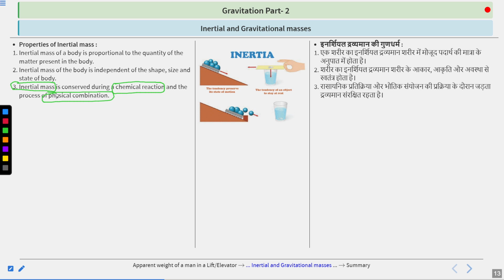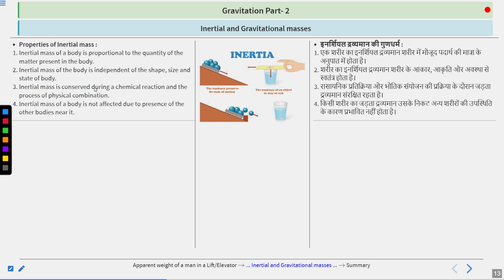Whatever the initial mass substance A has, and whatever the initial mass substance B has, this inertial mass, even after the chemical reaction, will not change. That will remain as it is. Even if object A having some inertial mass and object B having some inertial mass collide or physically combine, the inertial mass of A will not change, and the inertial mass of B will not change. That will remain conserved even during the chemical reaction and the physical combination.